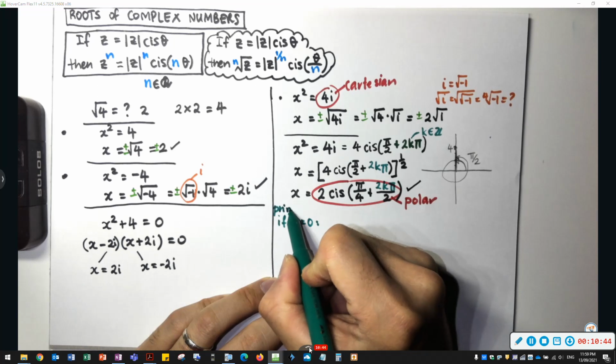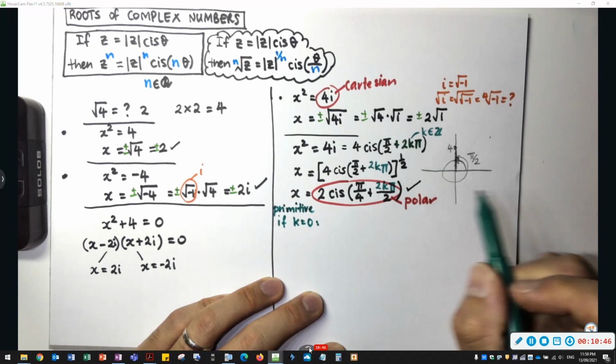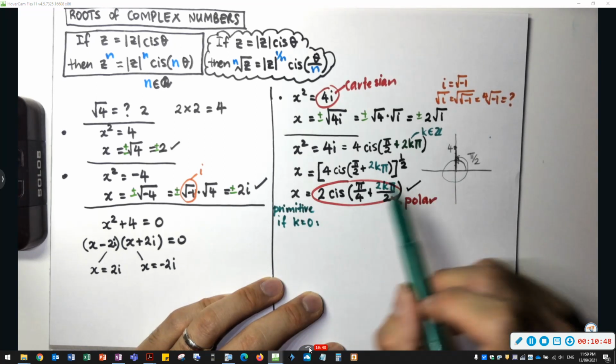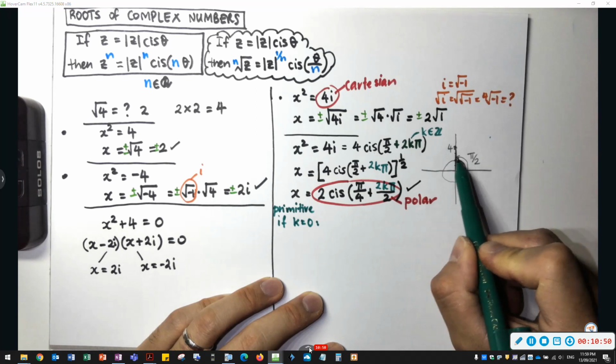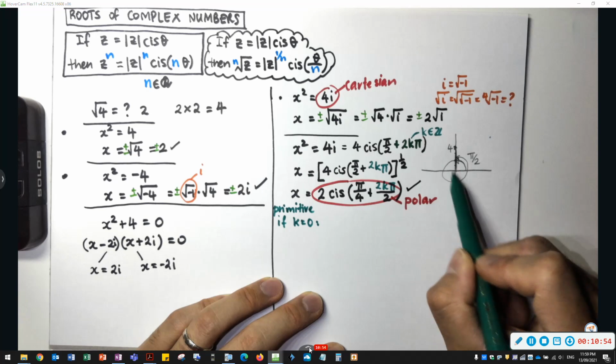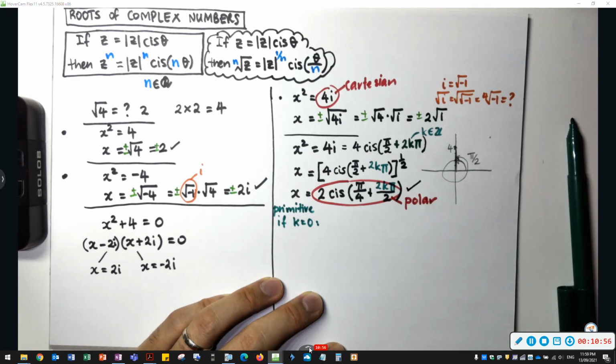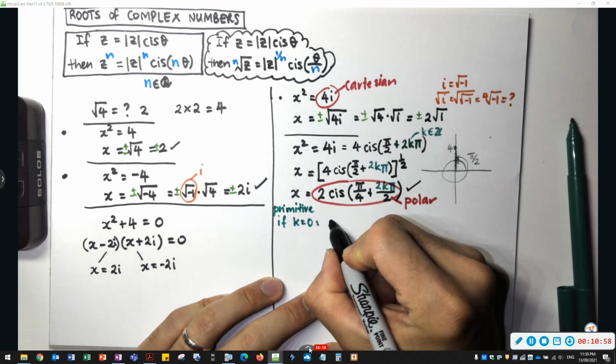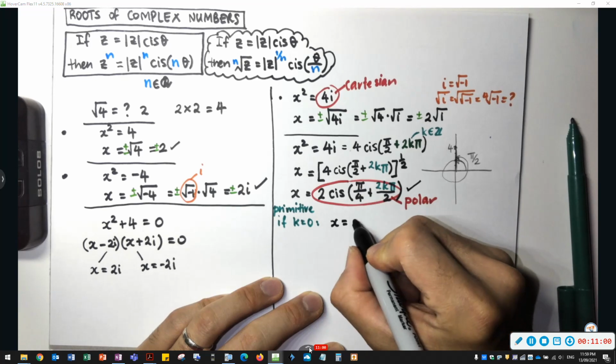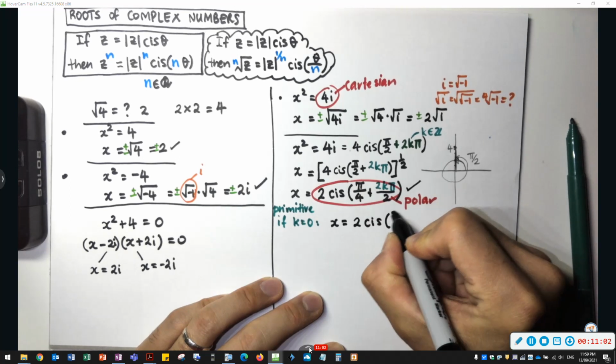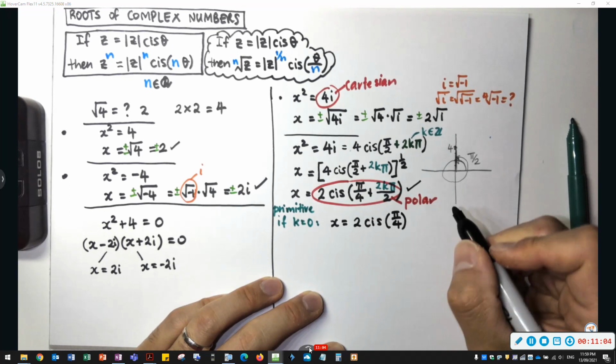So it's the first solution. And we do this because we only want to use the argument in its basic form. We're not going to add any cycles of 2 pi to this. So if k equals 0, then the solution x equals 2 cis pi on 4.